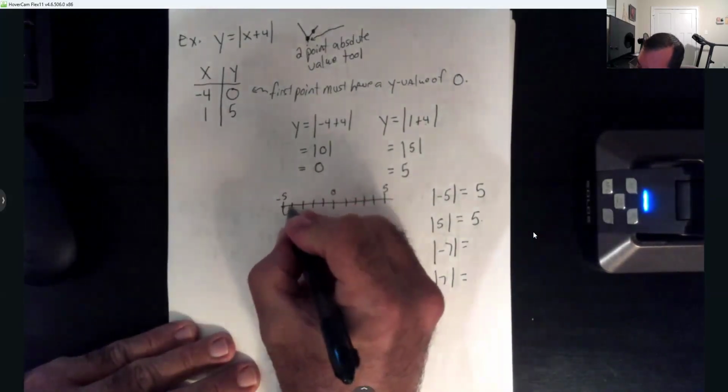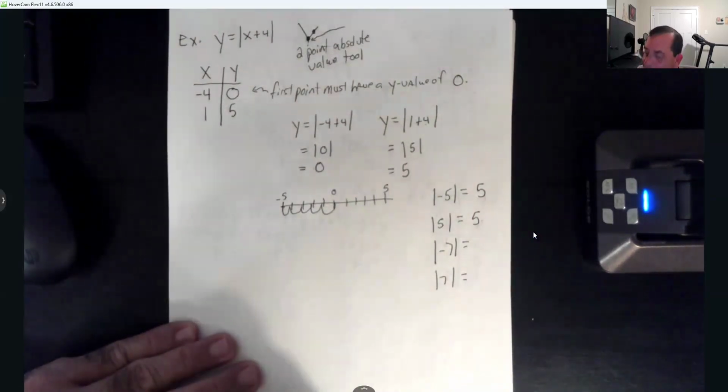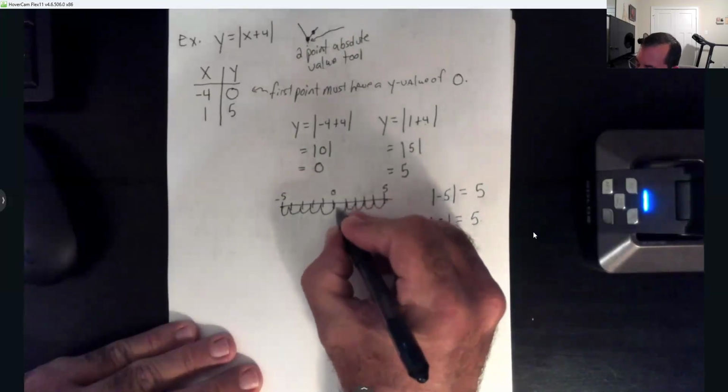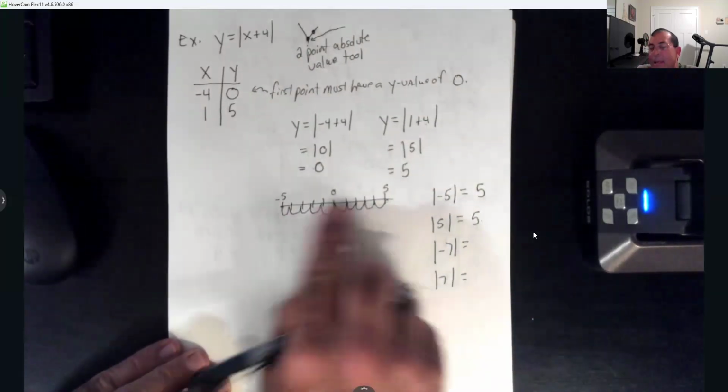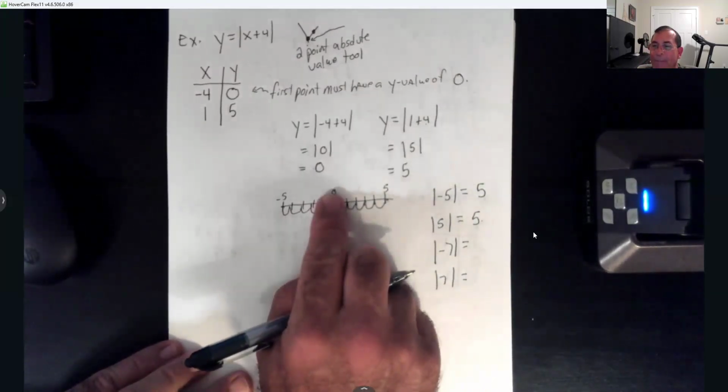It just wants to know how far I am from 0. So 1, 2, 3, 4, 5 units, okay? Same thing here. 1, 2, 3, 4, 5 units. Although they got different signs, they're both 5 places from 0, okay?